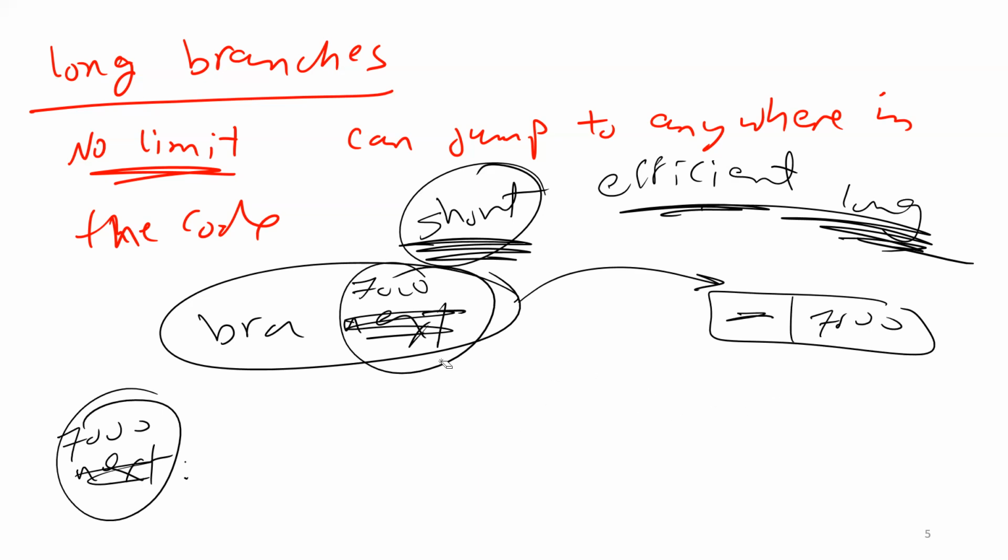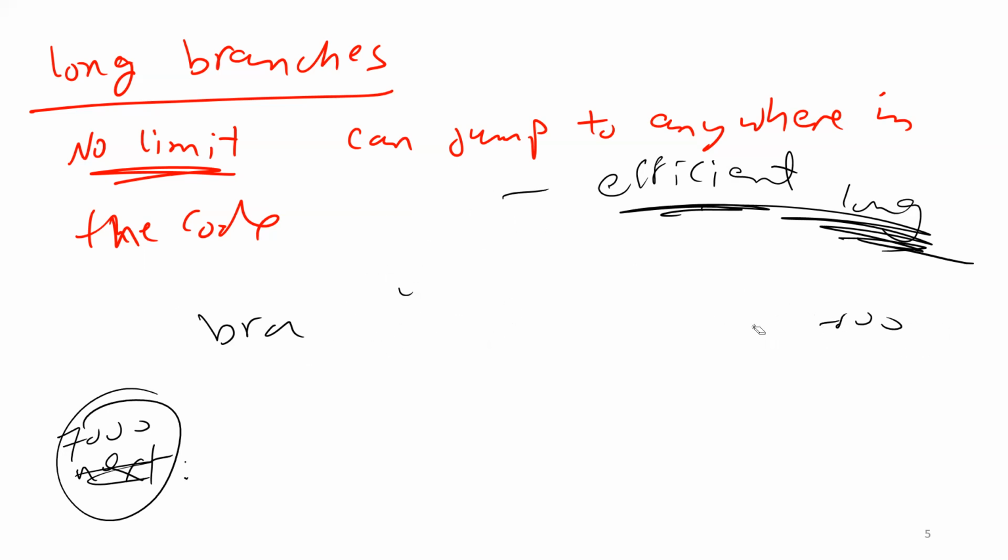However, short is using the idea of offset. If the PC is here, add 20, or sorry, subtract 20 or add 20. So I'm not going to store the address, I'm going to store the offset. And this offset is a byte. So in the case of short, the idea is different.